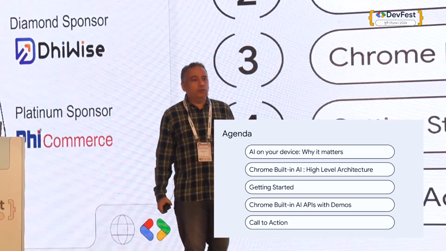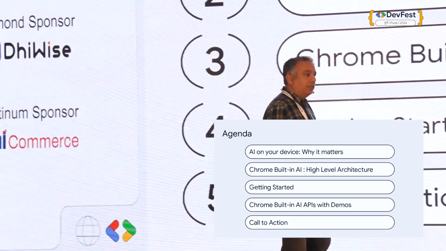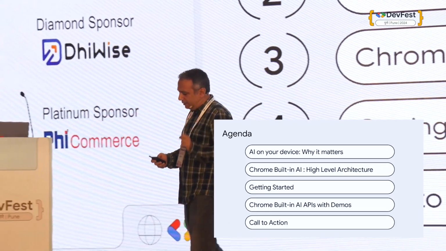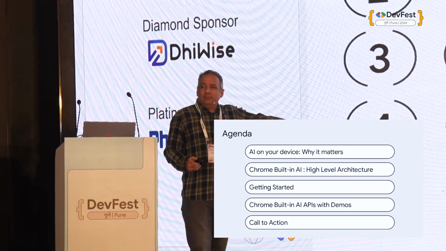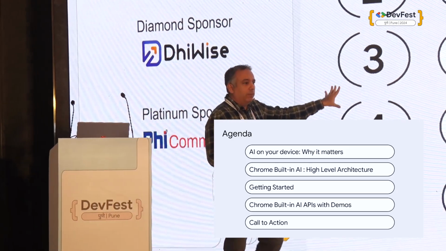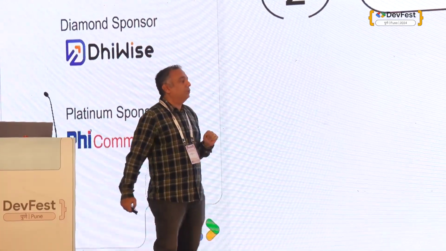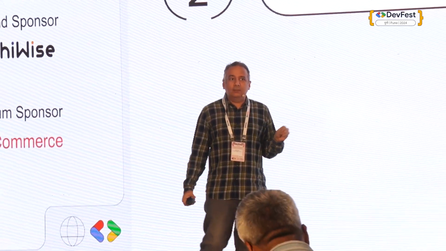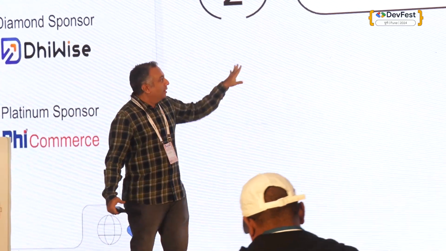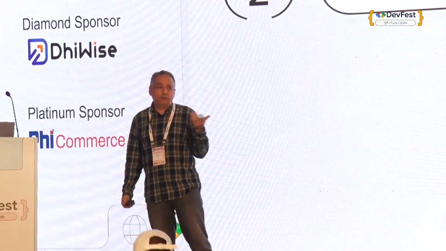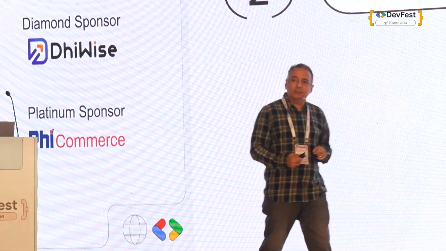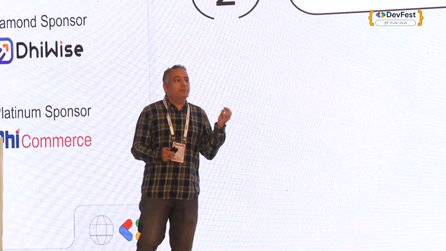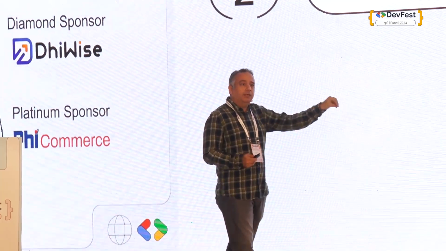And obviously we'll have a few demos that actually demonstrate what is available today in Chrome built-in AI, what you can do within the browser itself. These points are all okay, right? But really what I want you to go back with are a couple of points which you see over here. One is you'll at least get a good sense of what it means to get started with built-in AI. And obviously, like I mentioned earlier, if you've been developing web applications or are currently maintaining them, how do you realistically bring some AI features into your web applications?